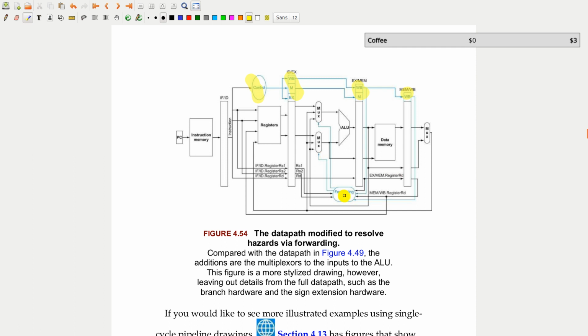Then we have our data forwarding unit, where we can take our values after the execute stage or from the write back stage and forward them to wherever they need to go. So typically we're forwarding values to be executed on, so whether we need them as this register input or this register input, we can forward them to either of those multiplexers.